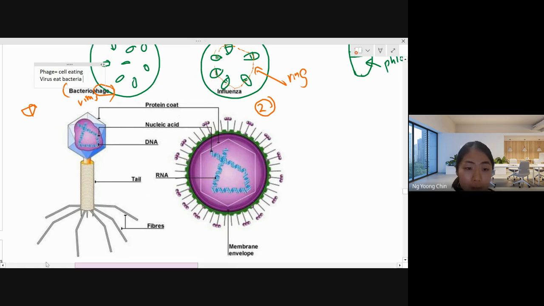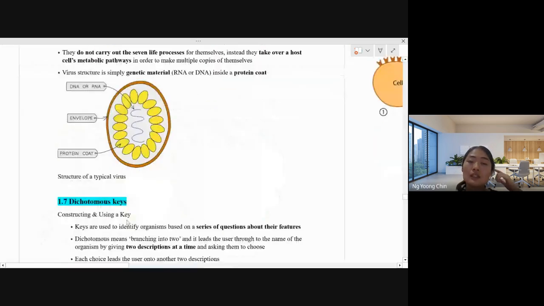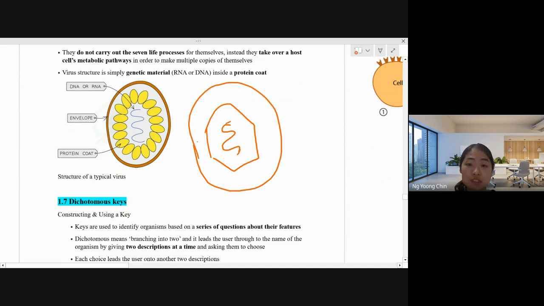Maybe we can talk about the structure of virus. The virus structure is very simple. If we want to draw a virus, you just draw it in this way, right? You can just draw in this way, and then inside they have the DNA. Just like this.